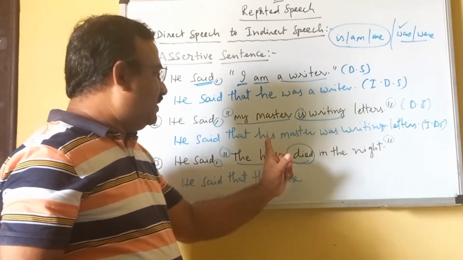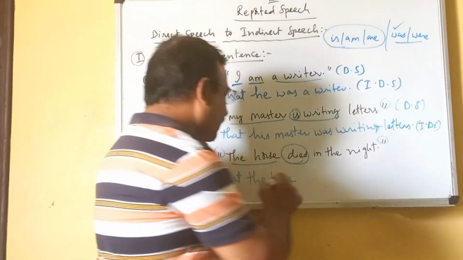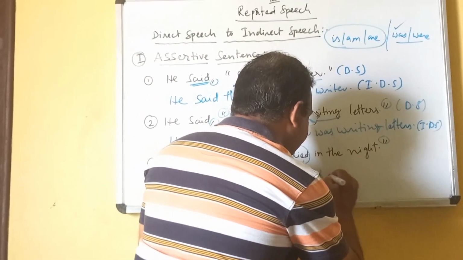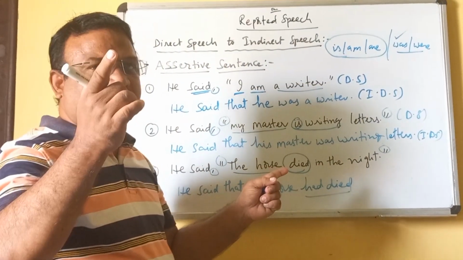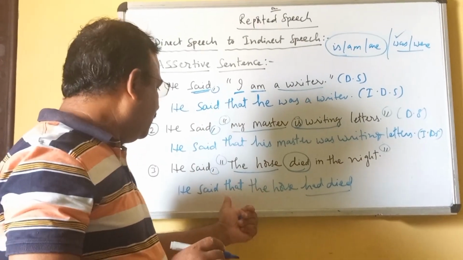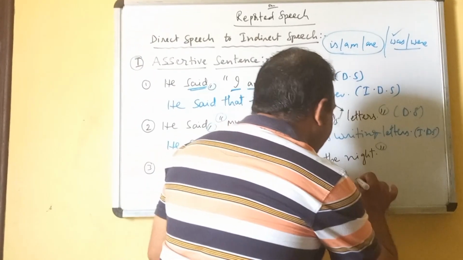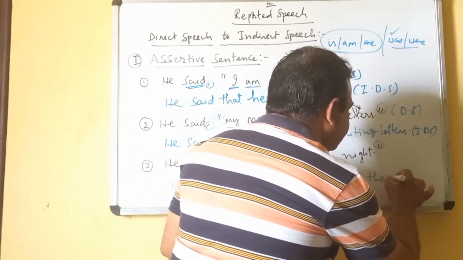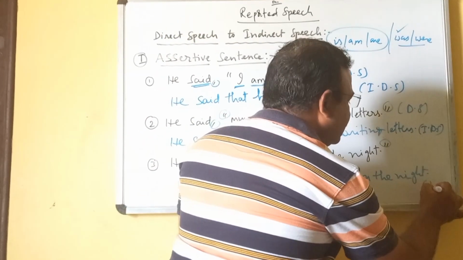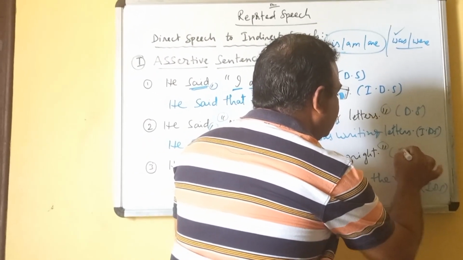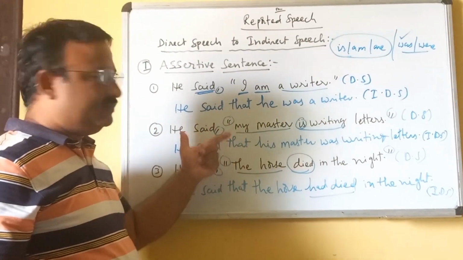Already discussed: past tense will become past perfect. So here the horse had died. What is the structure of the past perfect? Had plus V3. So he said that the horse had died in the night. This one is indirect speech, this one direct speech. These are all assertive sentences.